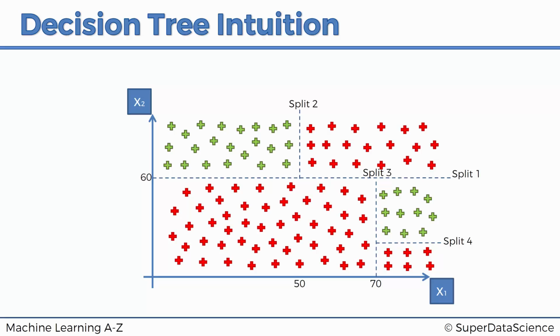So how are these splits selected? How does the algorithm know where to select the splits? Well, basically, the split is done in such a way as to maximize the number of a certain category in each of these splits. For instance, we want maximum red categories here, and here it's still the same, but then the next split maximizes the number of green here and the number of red here.